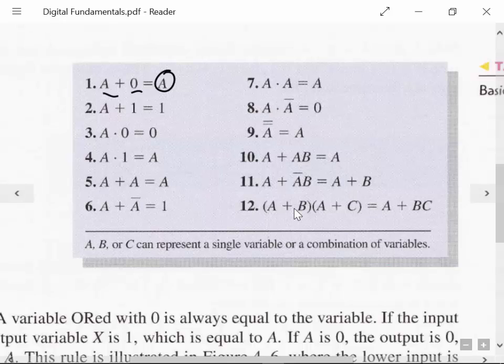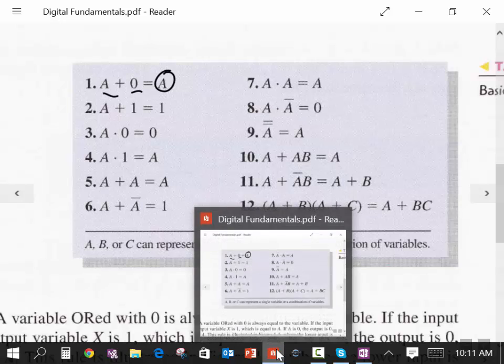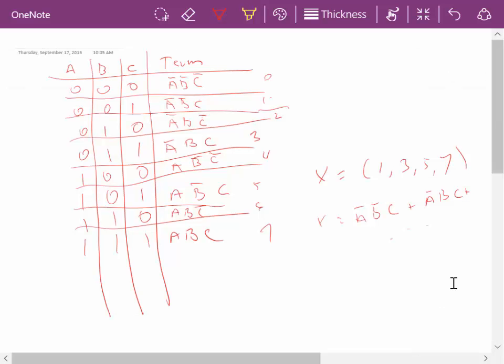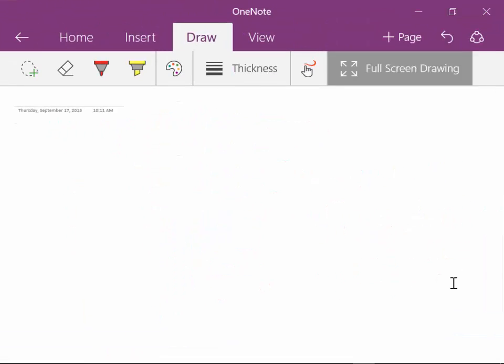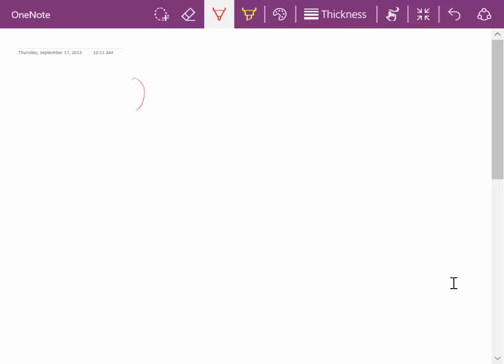And remember what that says in terms of circuits: if I have an OR gate, and one of the inputs is a 0 and the other input is A, the output is always going to be A. Now that by itself doesn't necessarily make our circuit simpler, but when we look at some of the other rules, it will make things simpler.